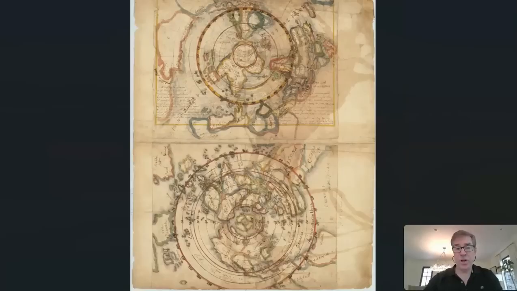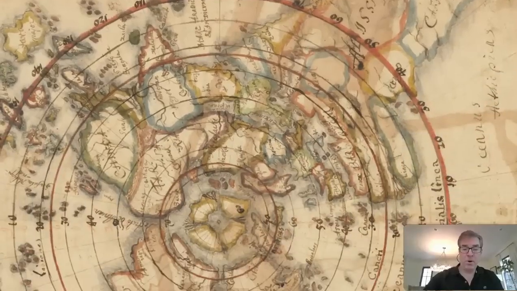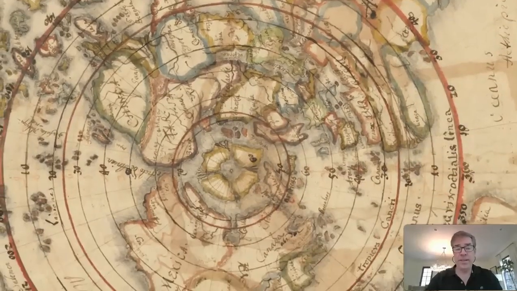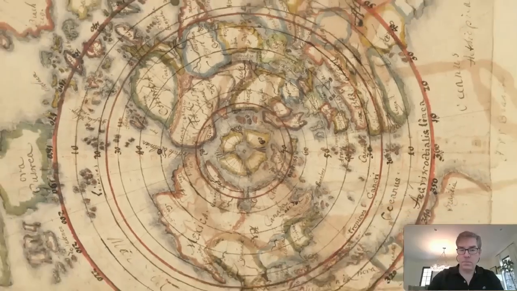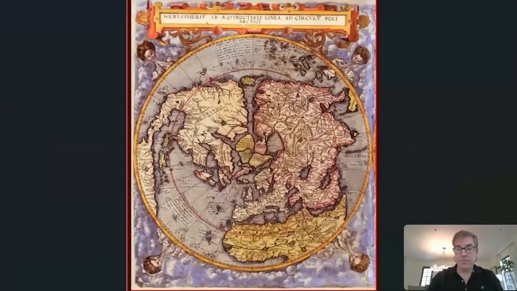And again, just to show an old map from the 1500s looking at the North Pole, this is what they showed back then. And again, another map that is different from the Mercator map, but showing the same thing.